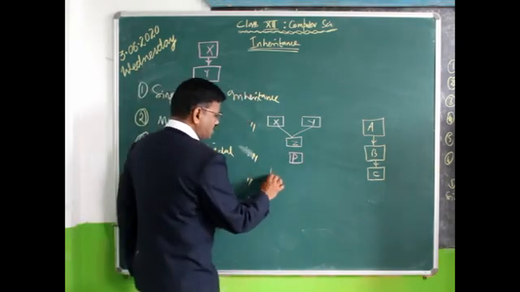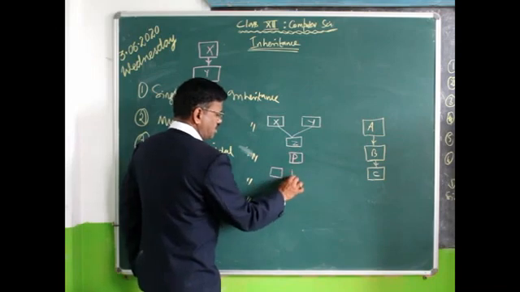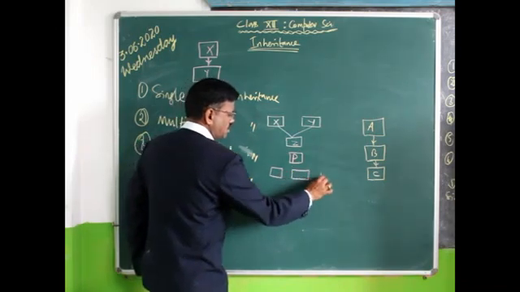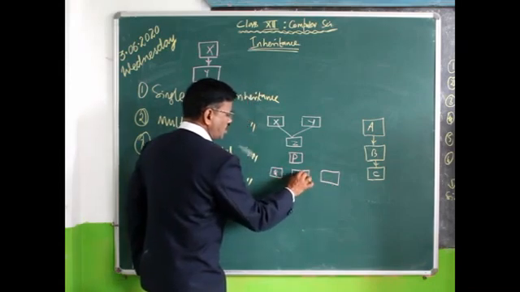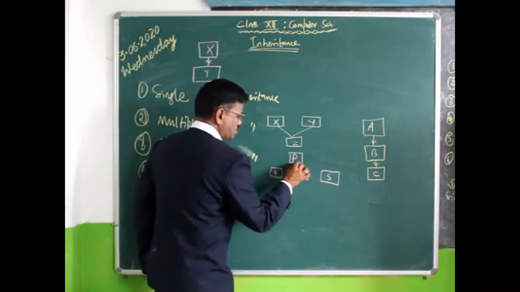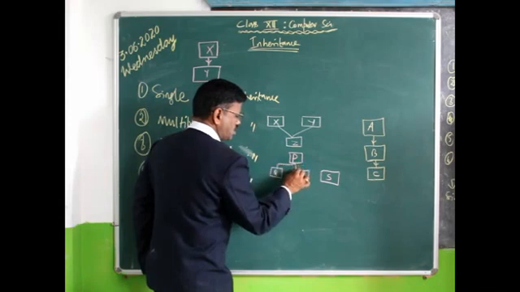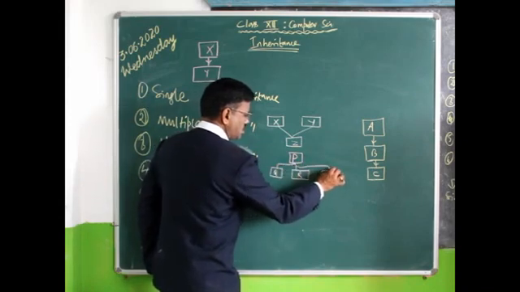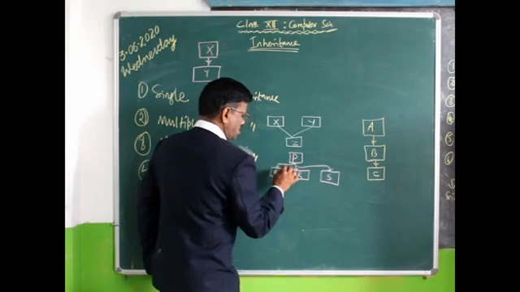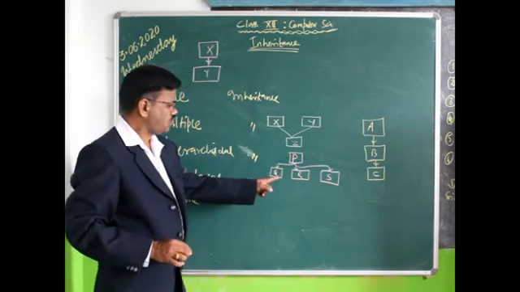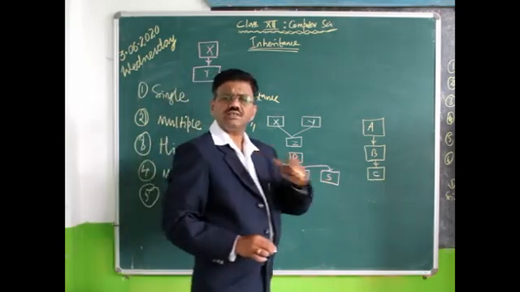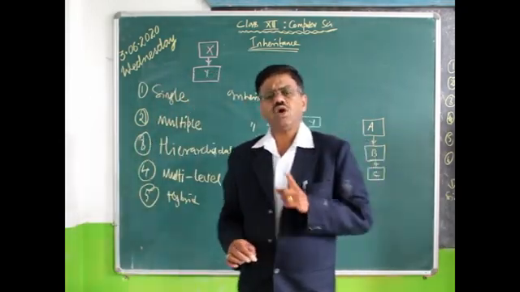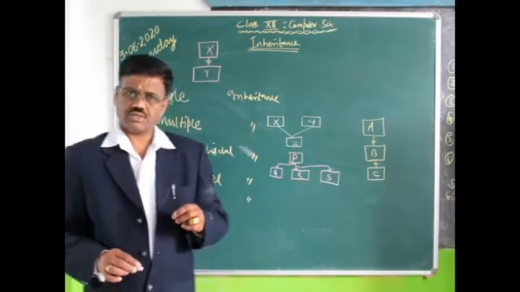There are three subclasses, which are Q, R, S. In this case, what happens is Q, R, S are the subclasses or derived classes.